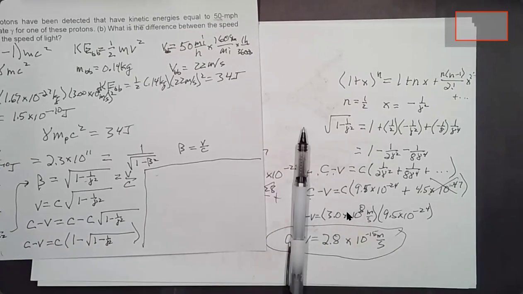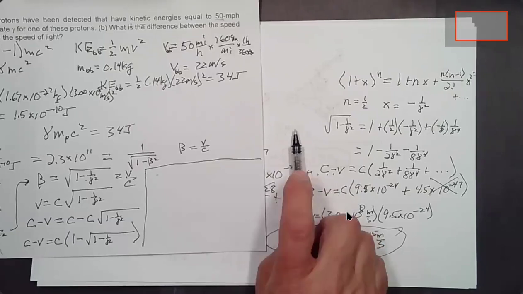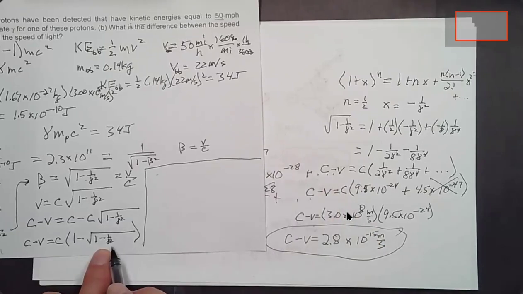Actually, 1 over gamma squared is 1 divided by 2.3 times 10 to the 11th. Yeah, just this 1 over gamma squared is 1.9 times 10 to the minus 23rd.